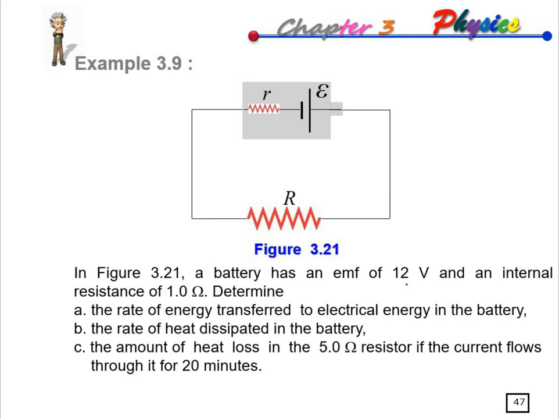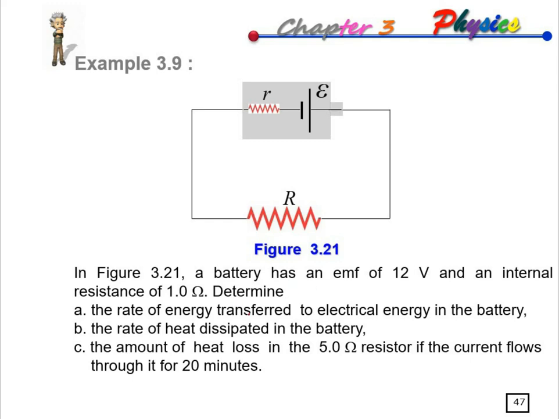Example for this subtopic. For figure 3.21, suppose that we have the resistor connected with the EMF. It has an internal resistance of small r. In figure 3.21, a battery has an EMF of 12 volt and an internal resistance of 1.0 ohm.